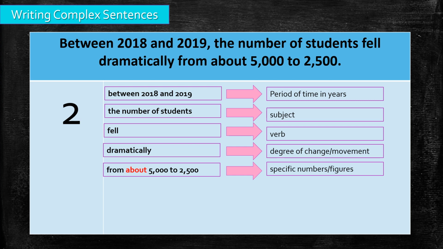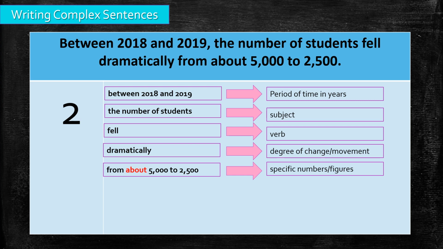Let's look at the second structure. The second structure starts with a period of time in years. There we started with a subject. Here we start with a period of time in year. What is the time period? Between 2018 and 2019. Then write the subject. What is the subject? The number of students.